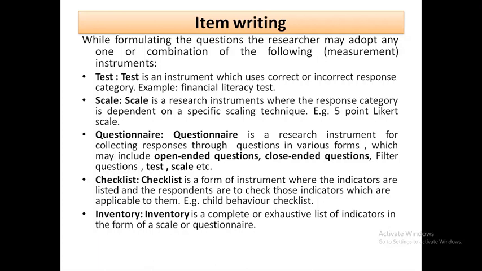There is an exhaustive list of indicators, and the researcher or a beginner in research can check the inventory, take the help of those indicators or questions which are already available in it, and use them in the questionnaire developed by the researcher. So that is called an inventory.